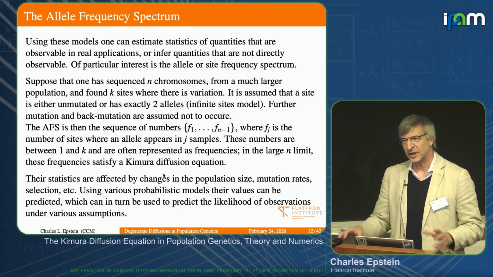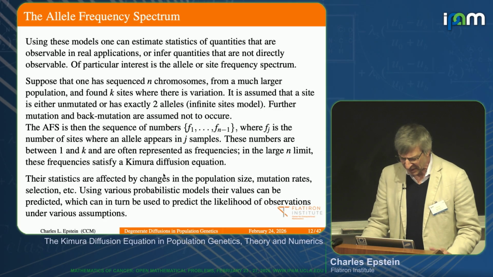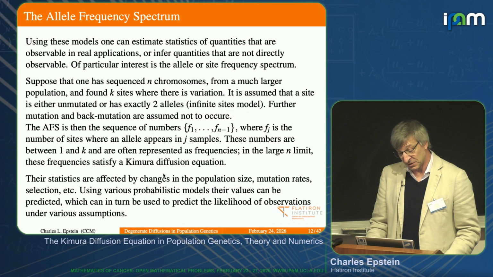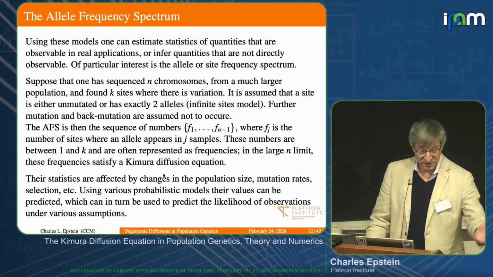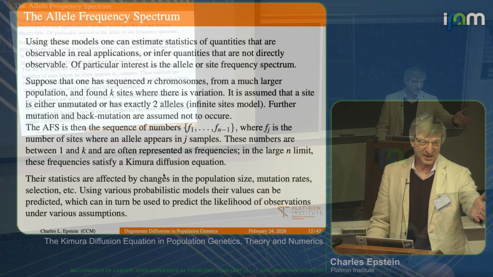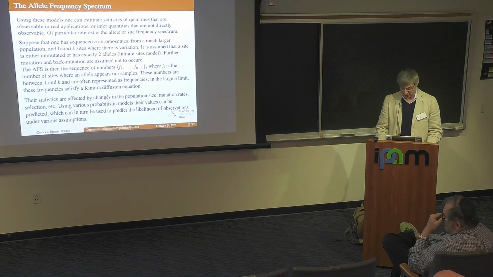So you need some way to compute those probabilities, and there are basically two ways to do this. One is to simulate using the Kimura diffusion equation, and the other is to use coalescent trees, essentially the lineages from the previous talk.